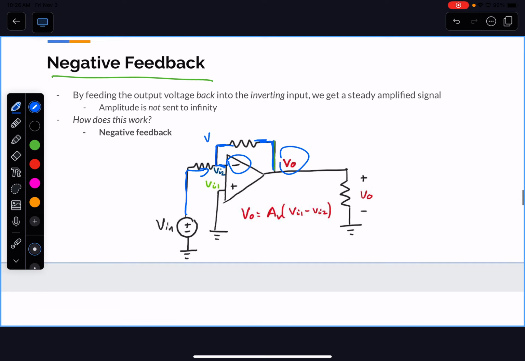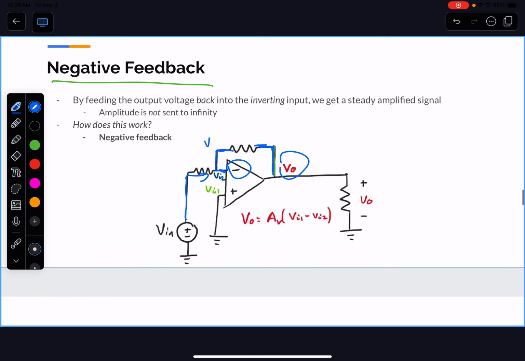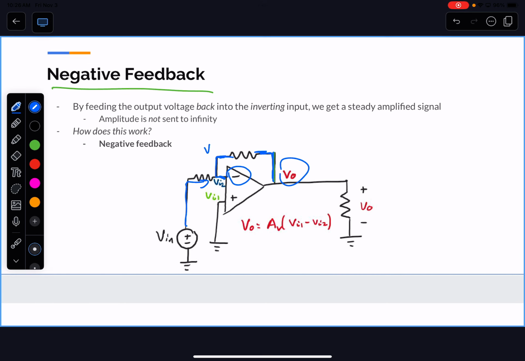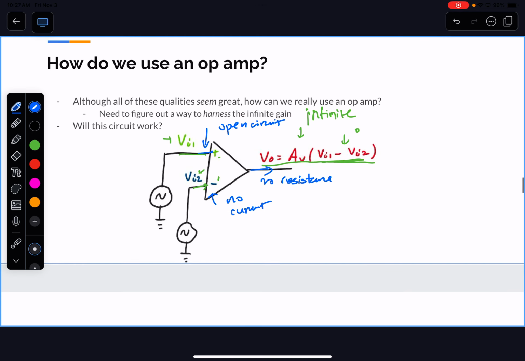Okay. So that's called negative feedback, because in this case, your amplification is not set to infinity anymore. You're controlling it to have a finite output voltage. And I think I made a little mistake previously. Here, you will have infinite gain, so if there's ever so slightly a difference between the two terminals, it infinitely blows up.